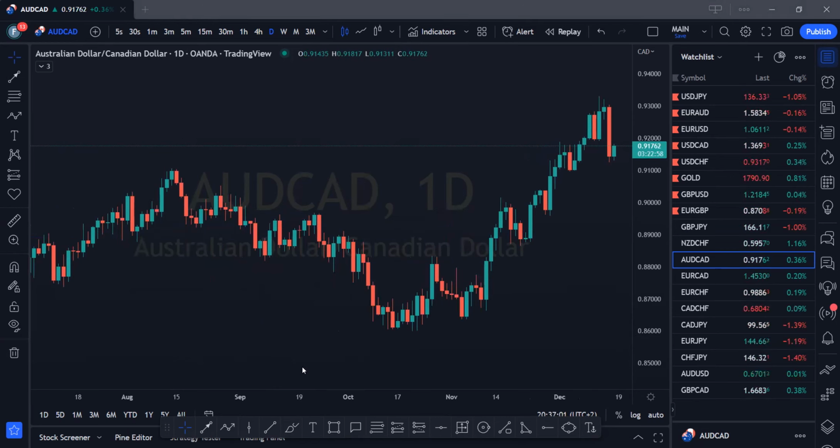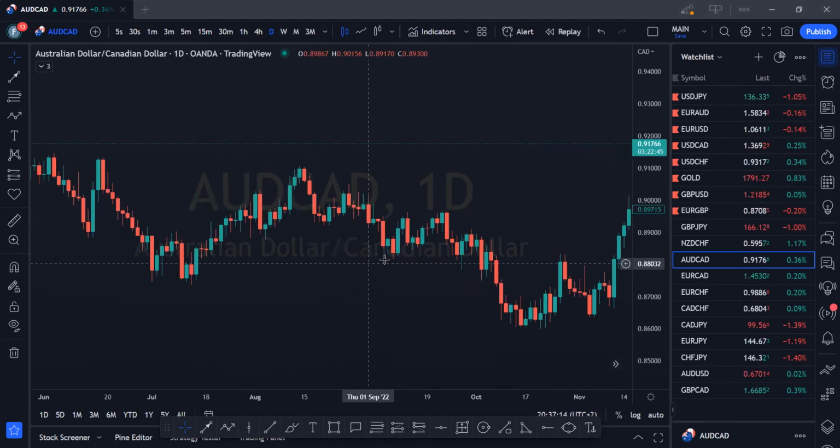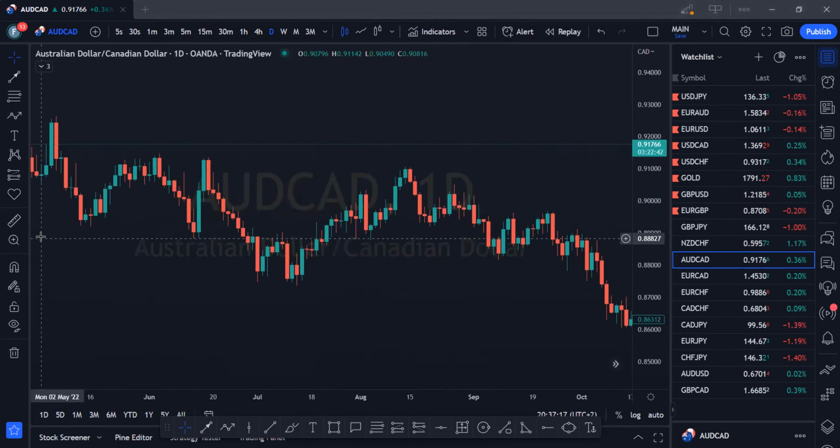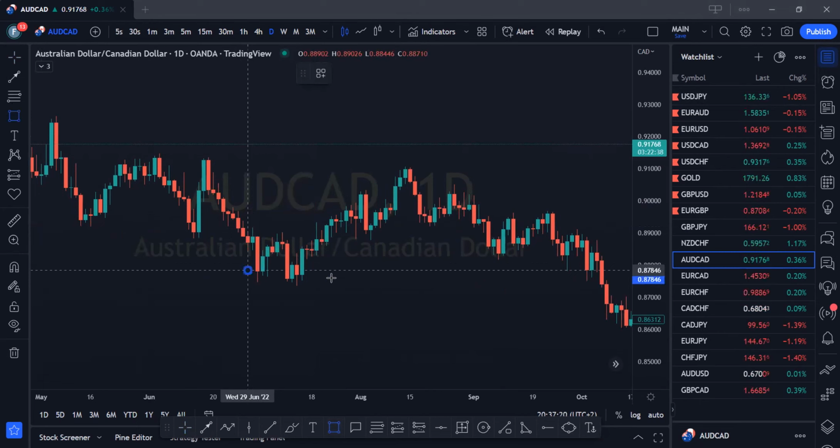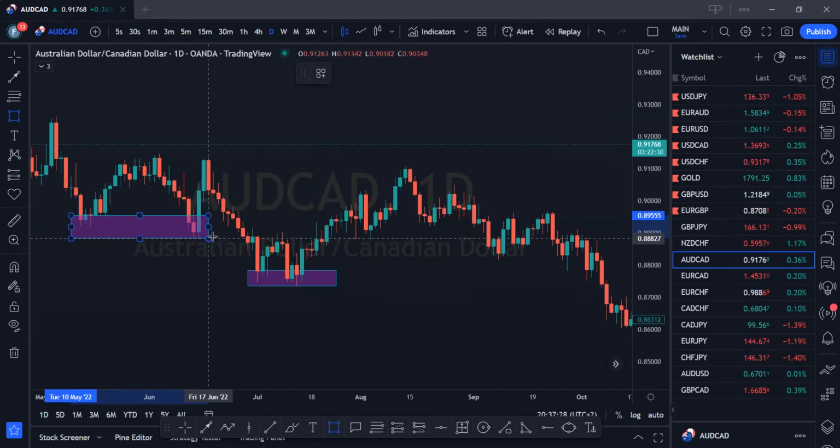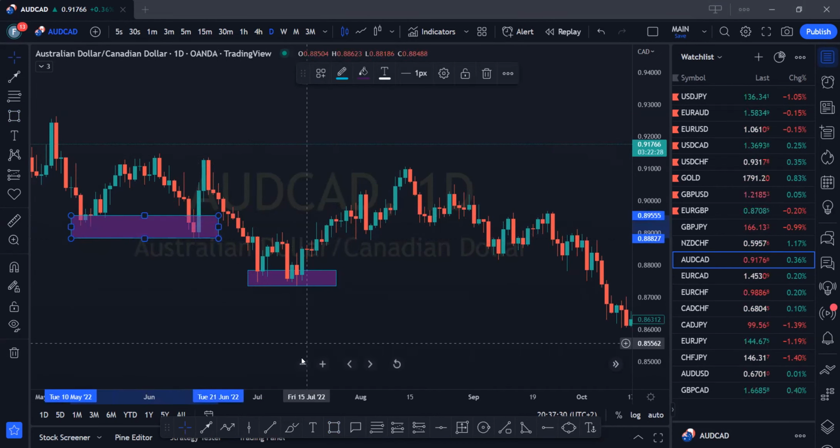So spend time to mark out support zones. You can use a line or use a rectangle, just mark it out and know how price reacts to a support, right? You don't have to be correct all of the time, but just spend time and just mark it out.